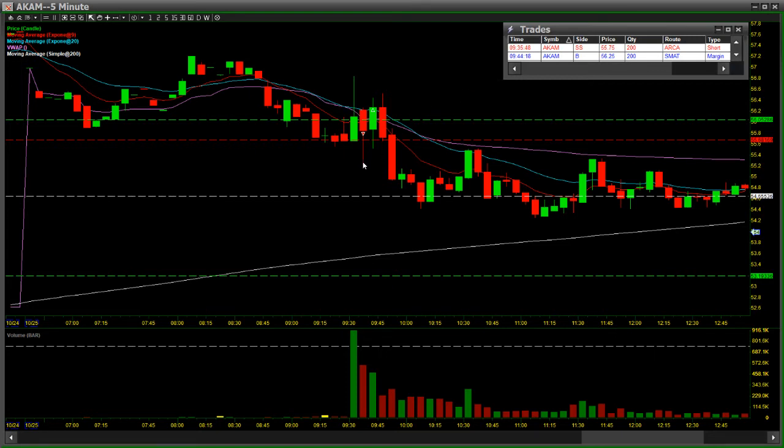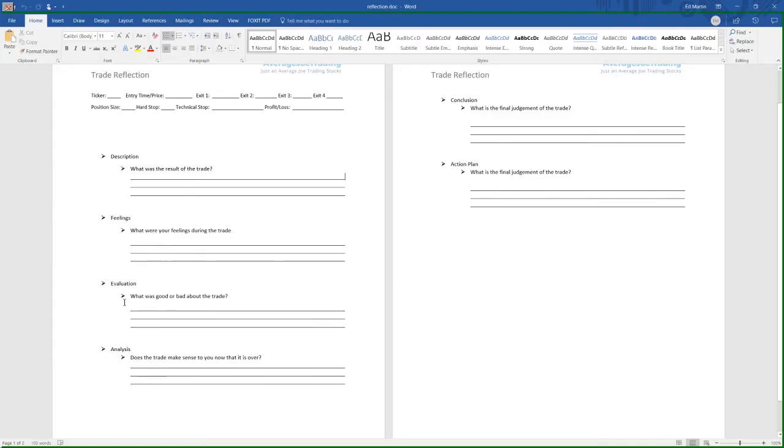Now, obviously, I anticipated this, that the strategy that I wrote up was an opening range breakdown. So that would be what I would write. Up here I would write what strategy it was.